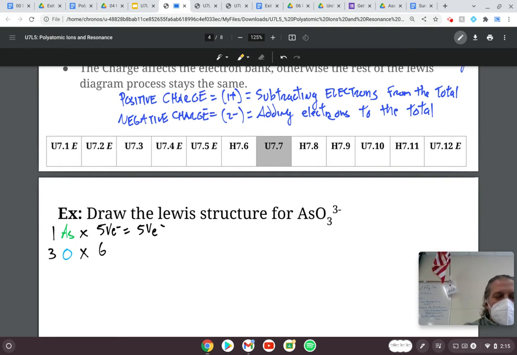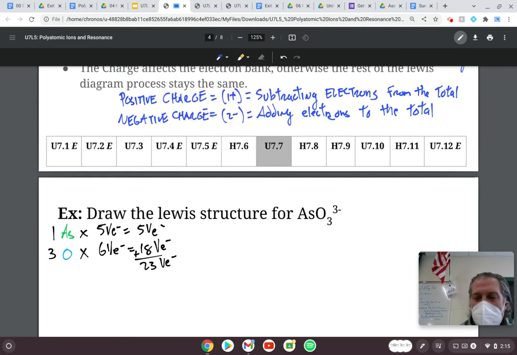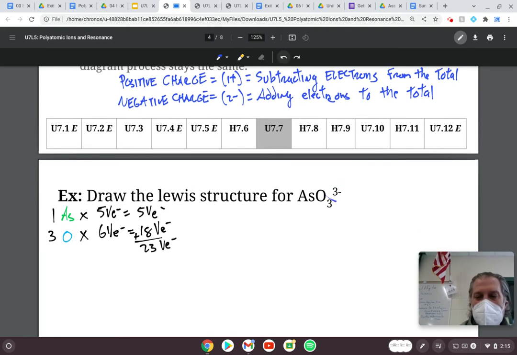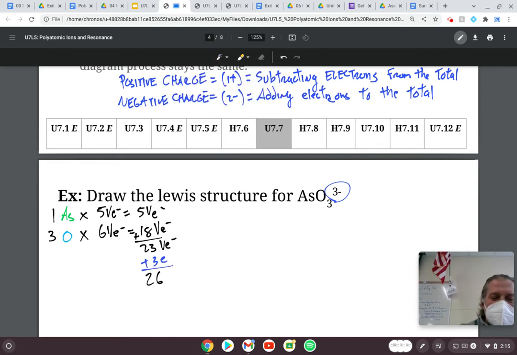We know from the periodic table that oxygen has 6 valence electrons, so that's 18 valence electrons. We add that together, and it's 23 valence electrons. And then I see that there is a charge here of minus 3. So that tells me that I'm going to add 3 electrons to the total. So now I have 26 valence electrons to find a home for.